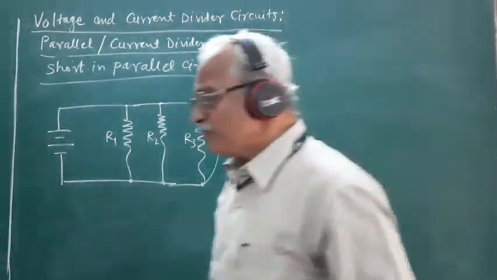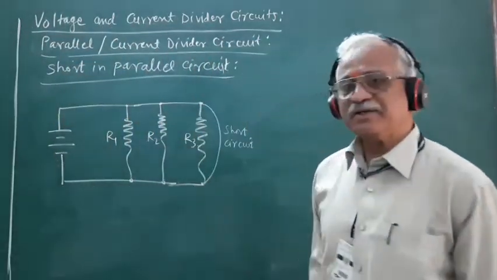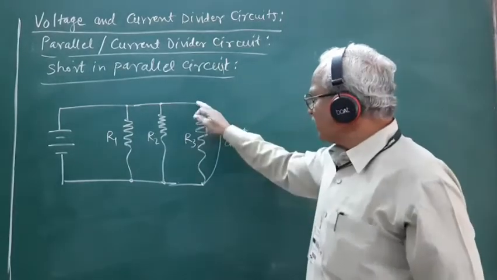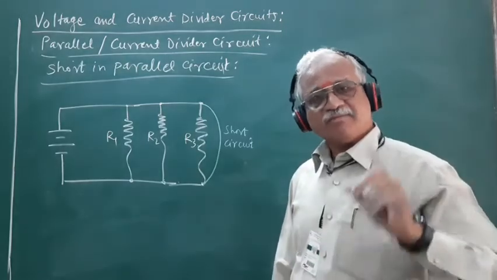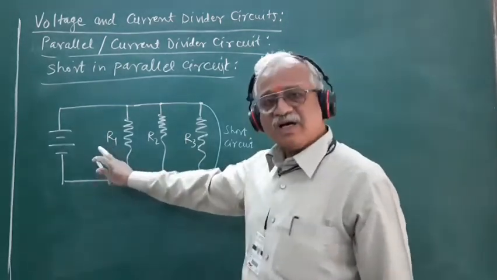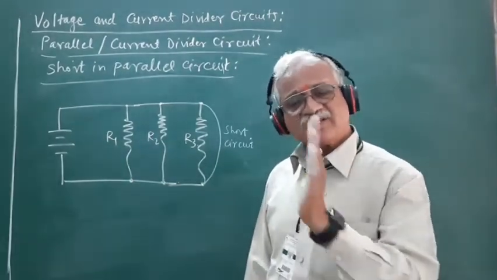If such a short is put across this resistance R3, it is not only the resistance R3 that is short circuited, but the resistors R1 and R2 also get short circuited.